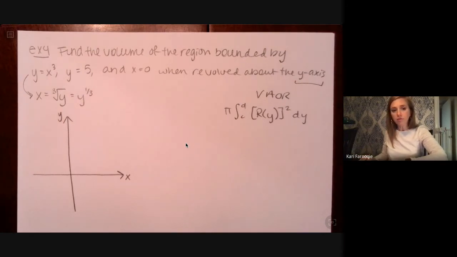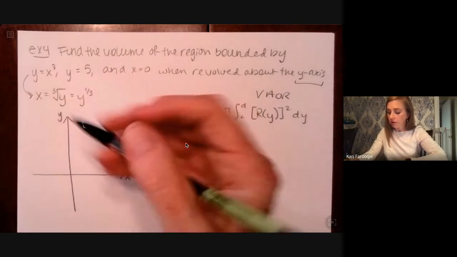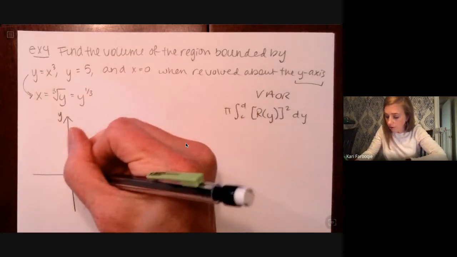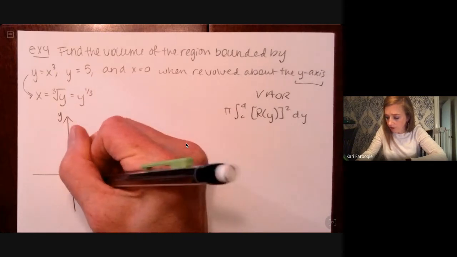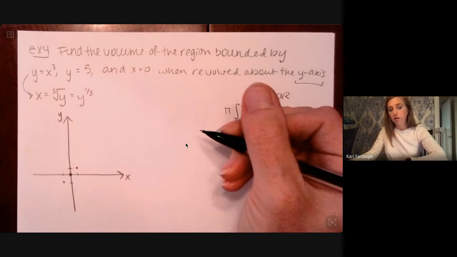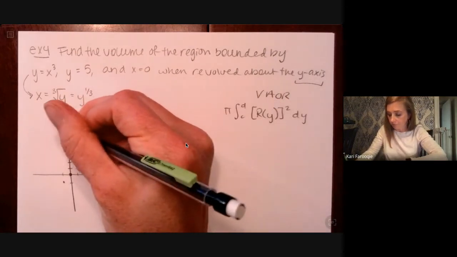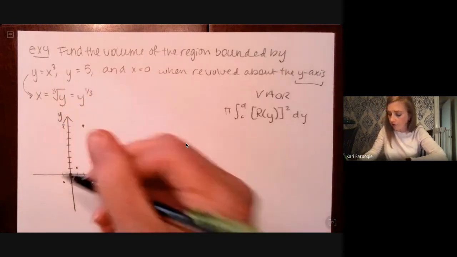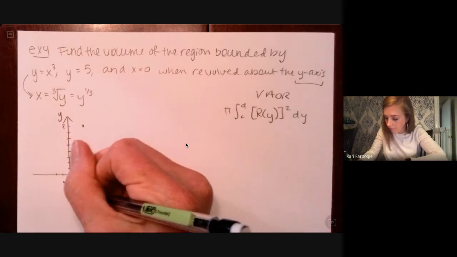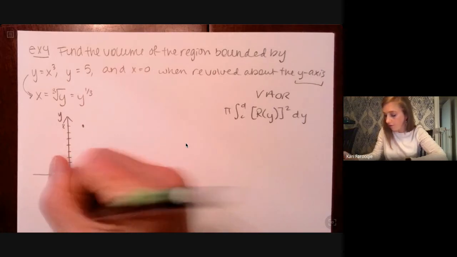So let's go ahead and graph this region. It's revolved about the y-axis. I'm going to graph this piece first, y equals x cubed. This is your cubic function. It has a point at 0, 0. It has a point at 1, 1, and a point at -1, -1. It also has a point at 2, 8, right about there if I'm eyeballing that correctly, and -2, -8, which is approximately right there.